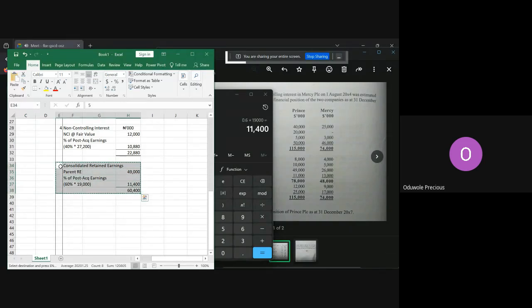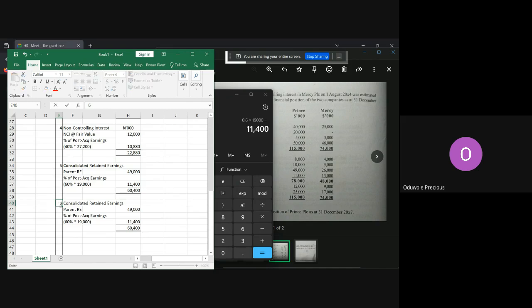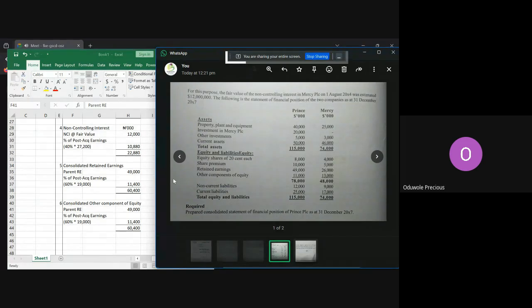So we now get for consolidated OCE. Let me just copy and paste. I'll be changing it. This is consolidated other component of equity. So this one will not be parent retained earnings again. It will be parent OCE. How much is parent OCE? 11,000.